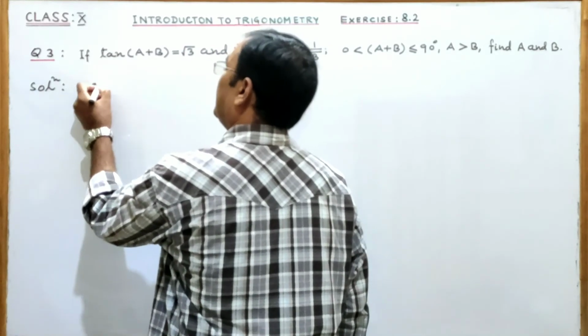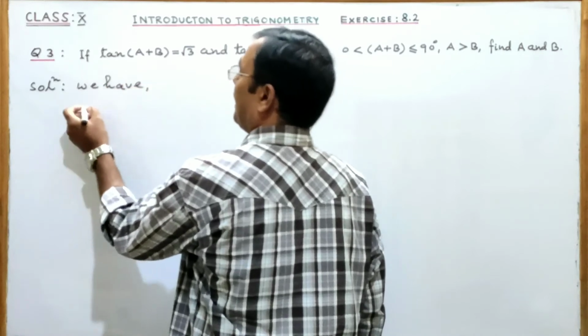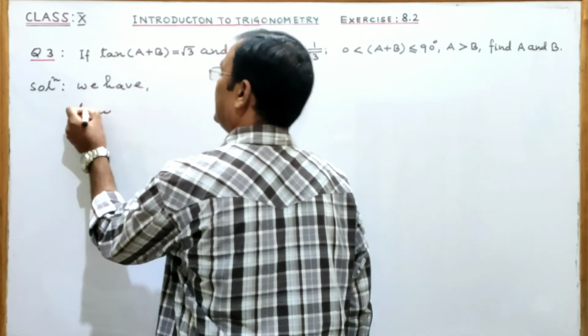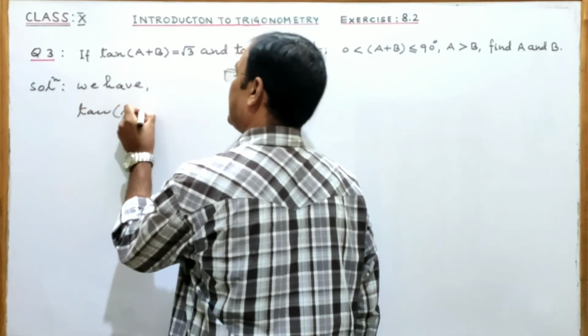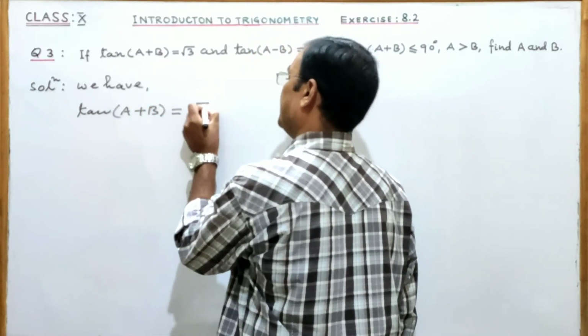We have tan (A plus B) is equal to root 3.